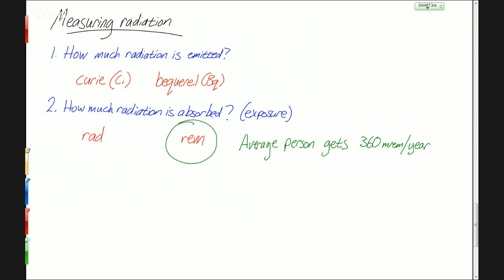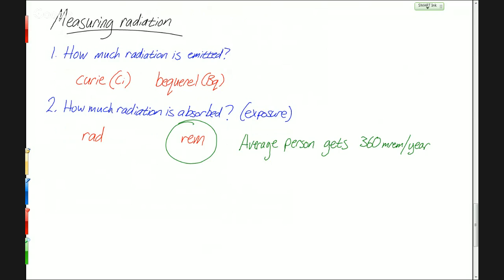And depending on if you're getting chest X-rays or other types of things, that can go a little bit up or down, but that's just average for people. If you are getting close to 5 rem a year, which is 5,000 millirem, that's when it starts to become a problem. And that's kind of your upper limit for what's safe for a person for a year. So most people don't ever approach that amount at all.